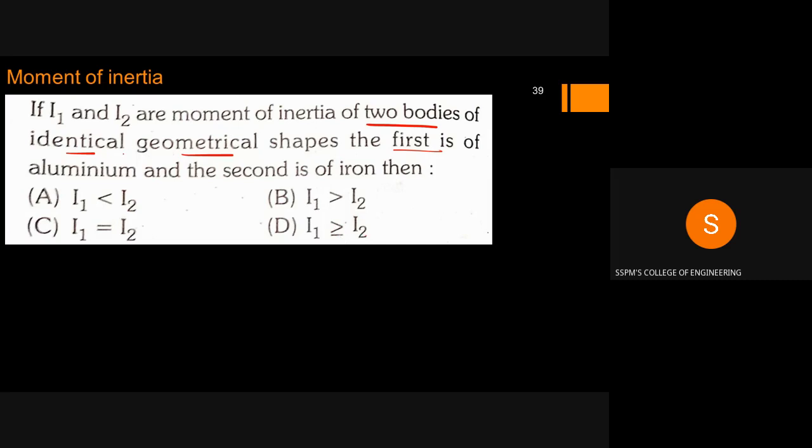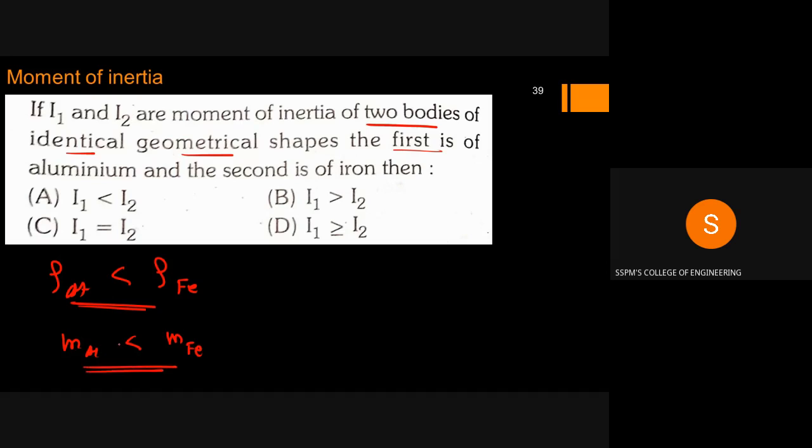Okay, so the density of aluminum is less than the density of iron. As density is less, the mass of the aluminum, for the same geometrical shape and size, will be less than the mass of the iron.